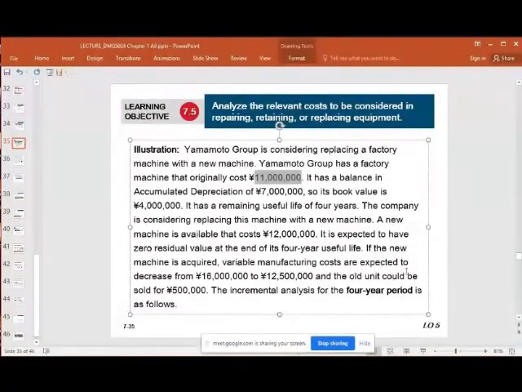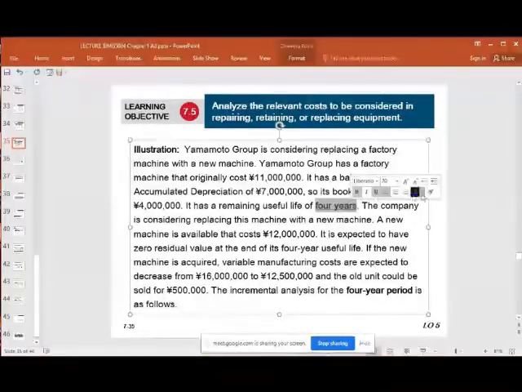So the book value is 4 million. How to get 4 million is your cost 11 million minus depreciation 7 million, you get book value 4 million. So it has a remaining useful life of 4 years. Okay, this one is important. So let me highlight this.